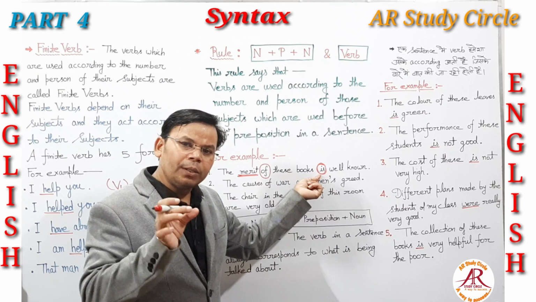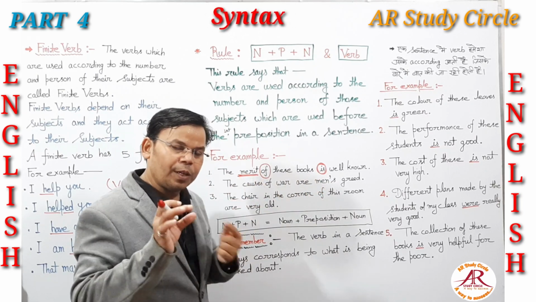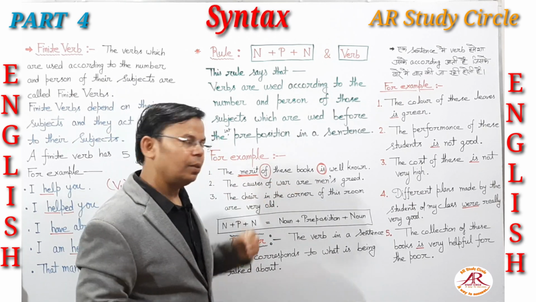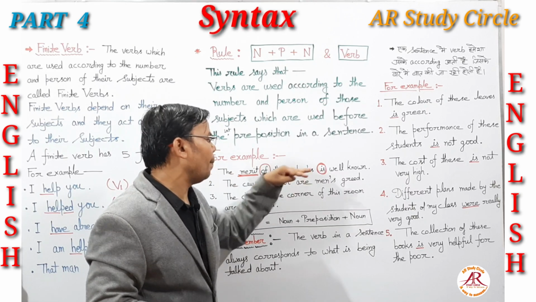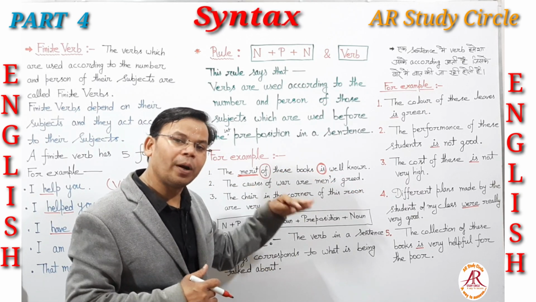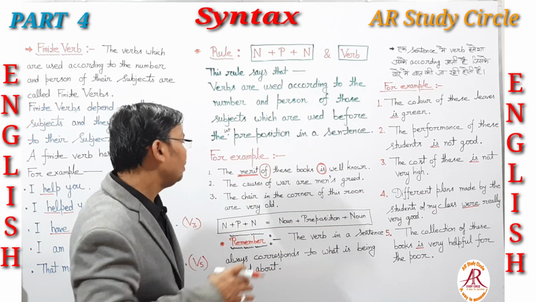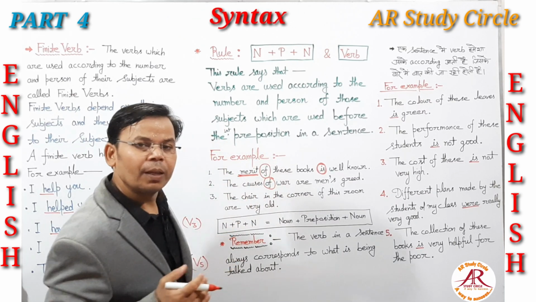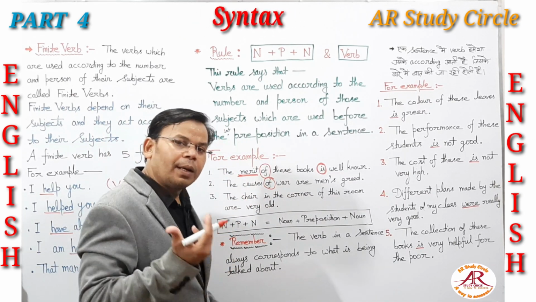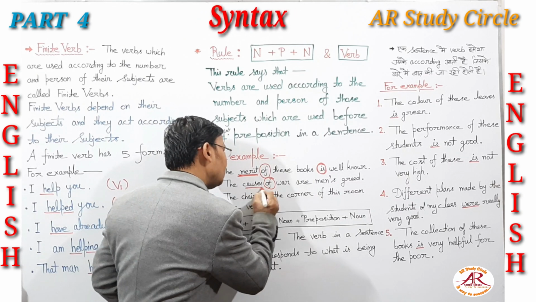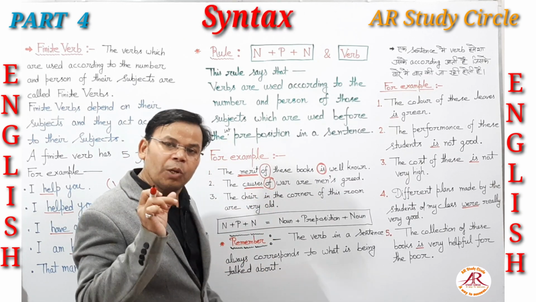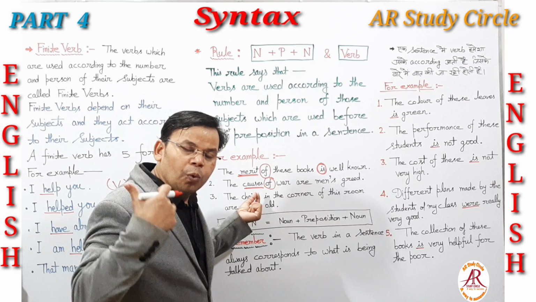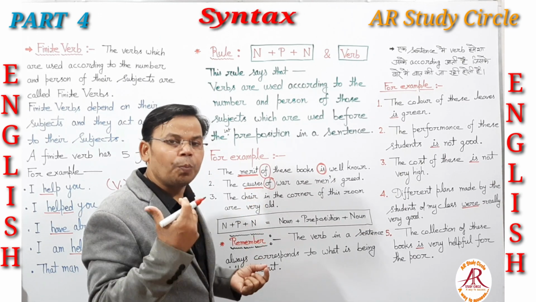In the second sentence, the causes of war are man's greed. Here the first preposition is of, and before this first preposition the noun is causes, and this causes is in plural form, that's why we have to use the verb in plural form.